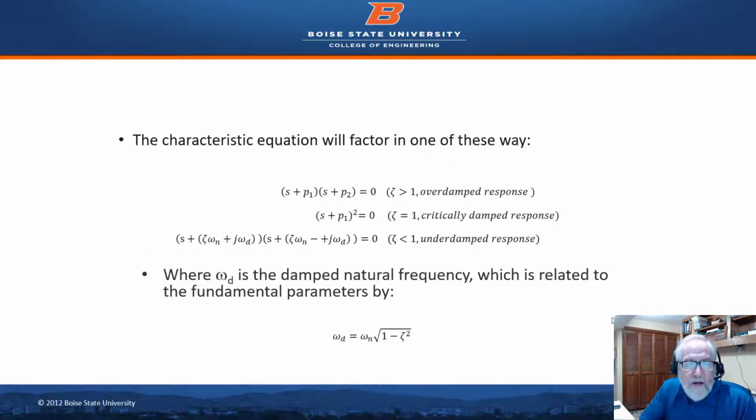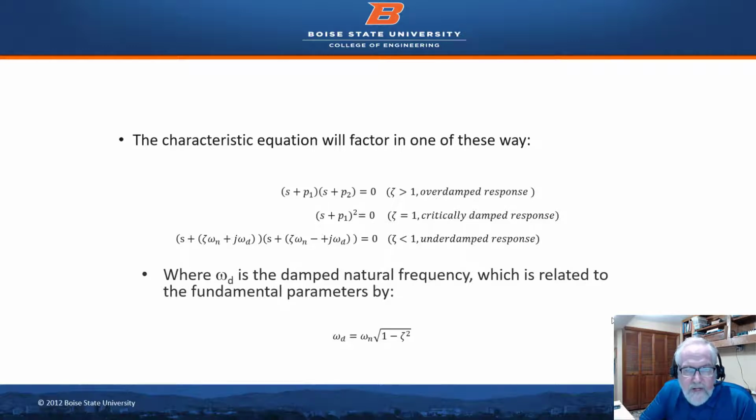If you want to think about how we would factor that characteristic equation, in the first case you get s plus P1 times s plus P2. So those minus P1 and minus P2 are distinct roots, and that is what we call the overdamped case. It turns out that if that zeta parameter, the damping ratio, is greater than 1, that's what you'll have. If zeta is exactly equal to 1, then it's critically damped, and that's the repeated root of minus P1.